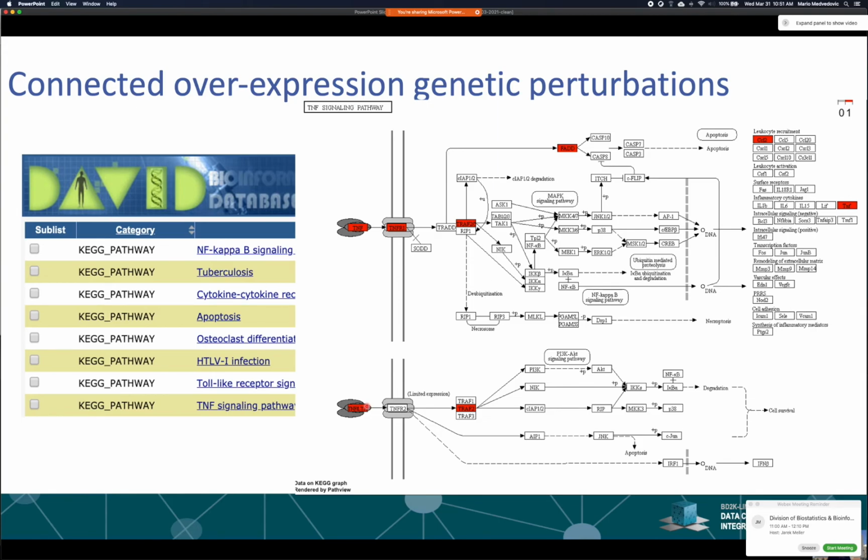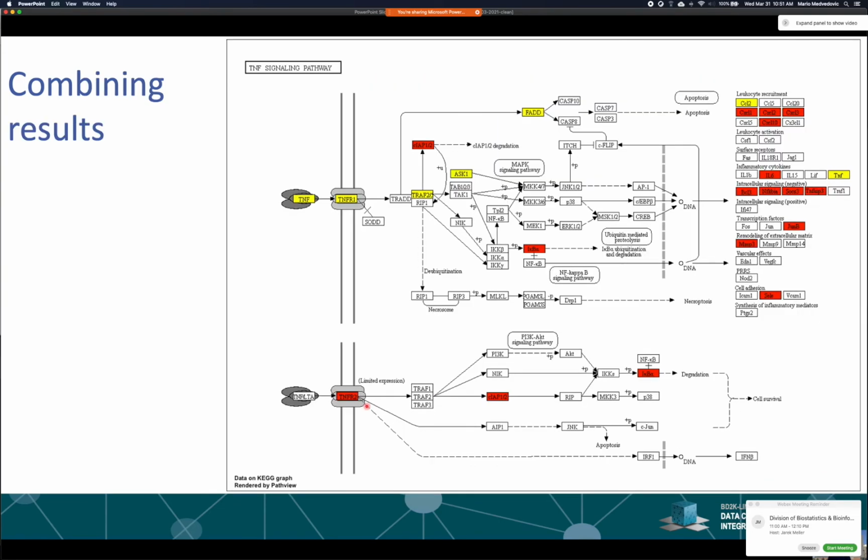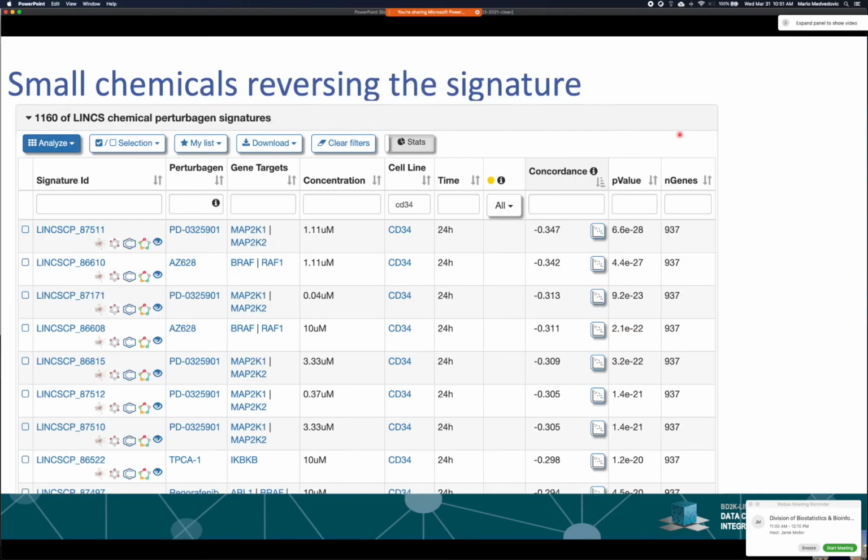That truly activation of this pathway is leading to the changes that we observed. We can combine these results to see what genes come out as a transcriptional consequence of activation of the pathway versus the genes that actually can activate the pathway and lead to this transcriptional program.